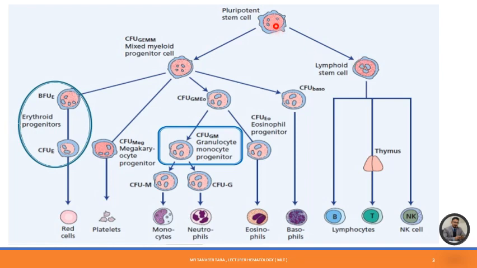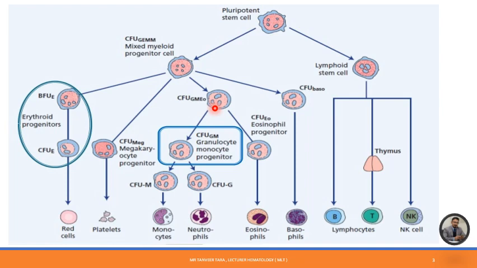The pluripotent stem cell has the capability of self-renewal, and it also has the capability of further division, and there are two types of division: lymphoid stem cell and myeloid stem cell. The lymphoid stem cell is then further divided into lymphoblastic stages, and it produces three types of lymphocytes: B lymphocyte, T lymphocyte, and natural killer cells. So this is a totally different lineage, and it's called the lymphoid lineage.